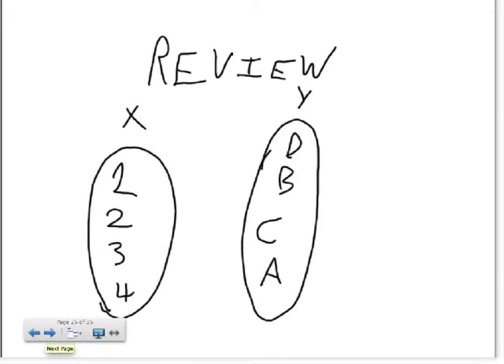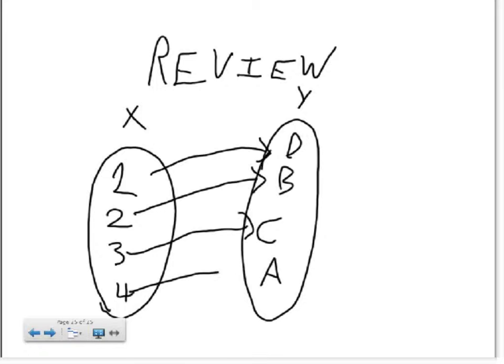Now, it's one-to-one, so we know that for every element in x, there's only one value in y that it maps to. So let's do it like this. This is also surjective because for every element in y, there's a corresponding value in x that maps to it.